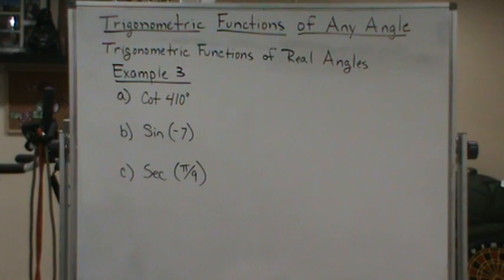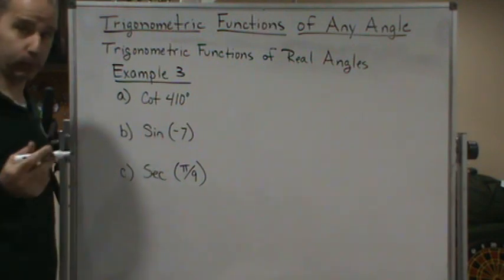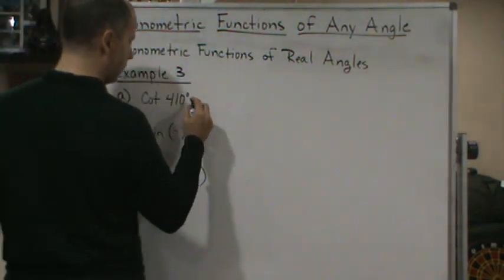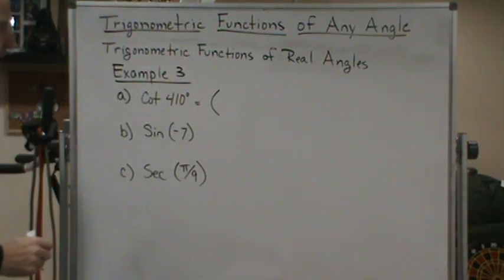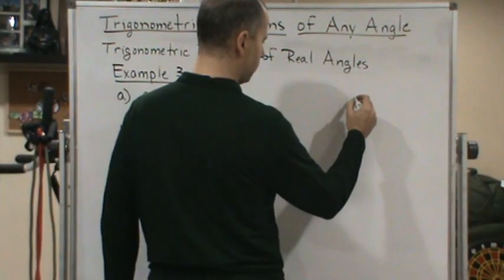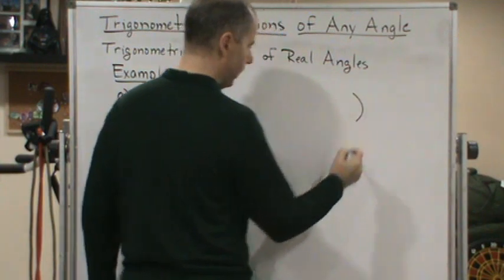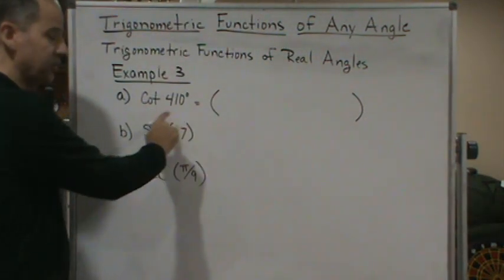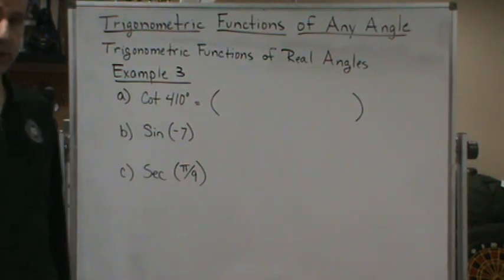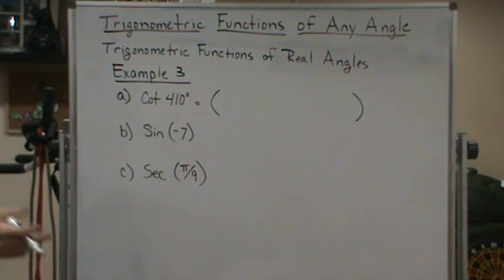Now we're going to find the tangent and then take the inverse of that. You can do this all in one step by using the appropriate number of parentheses. I'm going to start with the parenthesis, because I'm going to put finding tangent inside parentheses, since cotangent is the reciprocal of tangent.